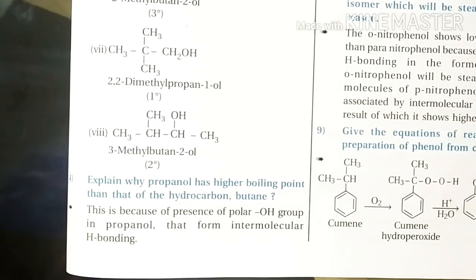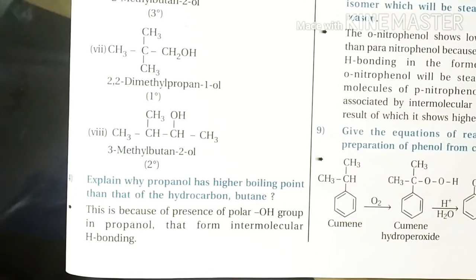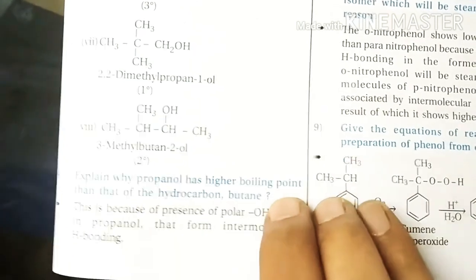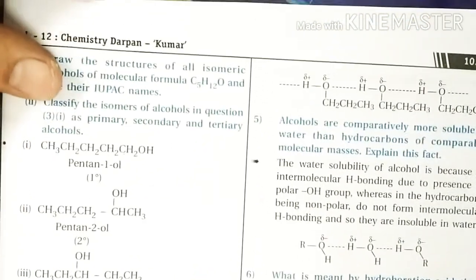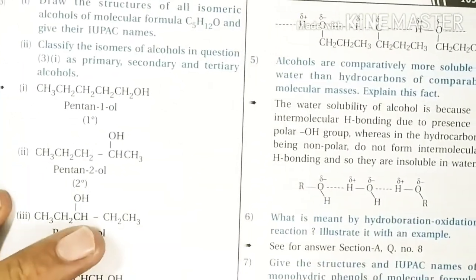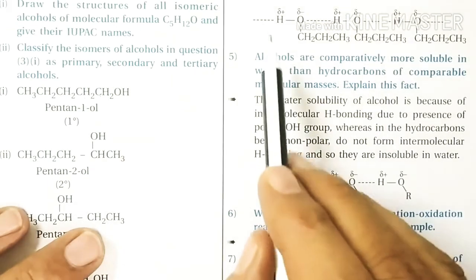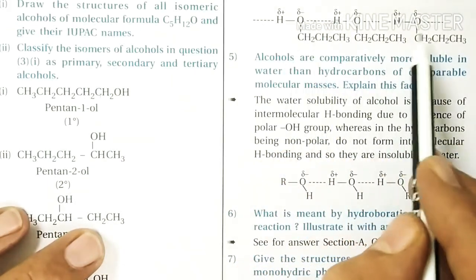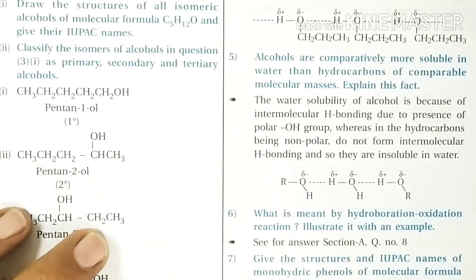So once again, the molecules of butane are held together by weak van der Waals forces of attraction, while in the case of propanol they are held together with a strong intermolecular hydrogen bond, and this figure is given in your particular book like that. So propanol molecules are attached with a hydrogen bond.